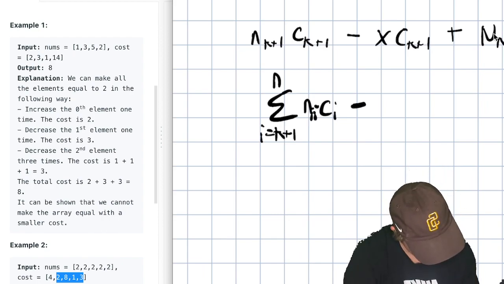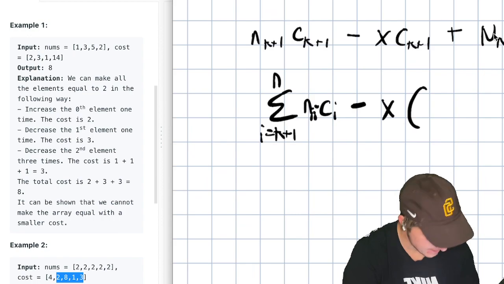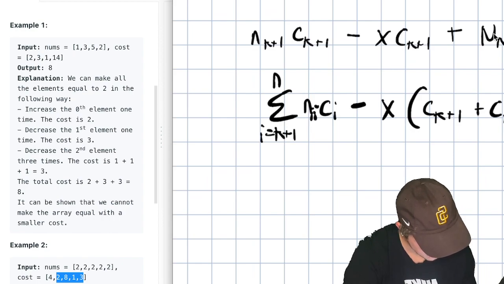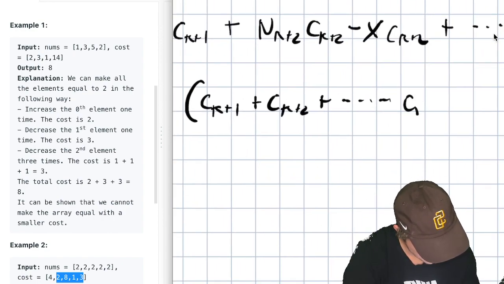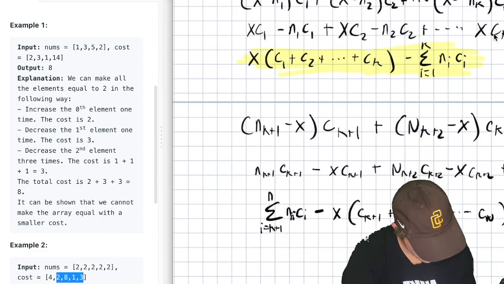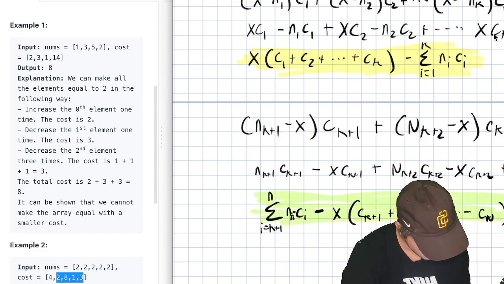And then here I have minus x times c to the k plus 1 plus c to the k plus 2 plus ... all the way to c to the n. So this is our increasing situation here. I mean, it's the opposite. This is the decreasing part.